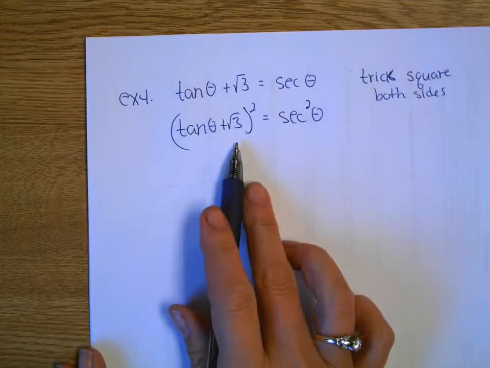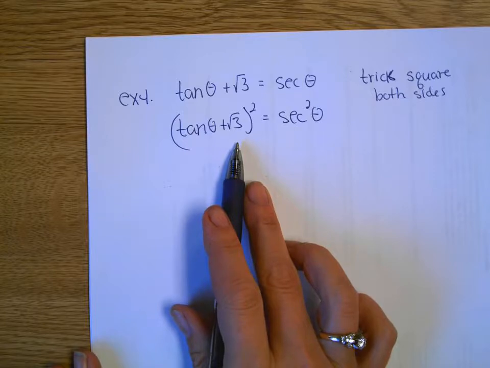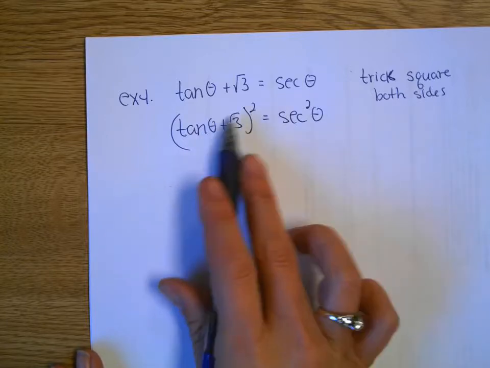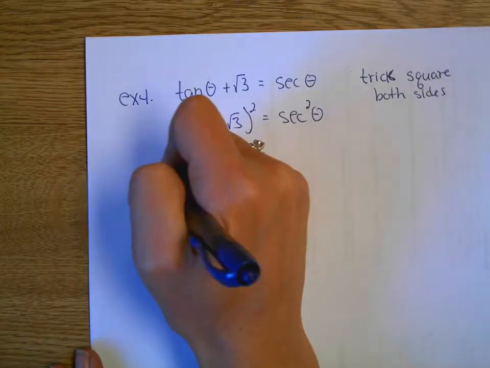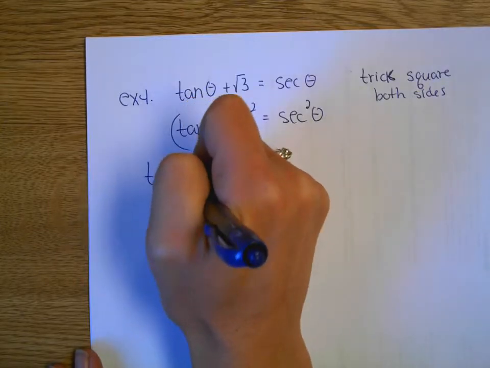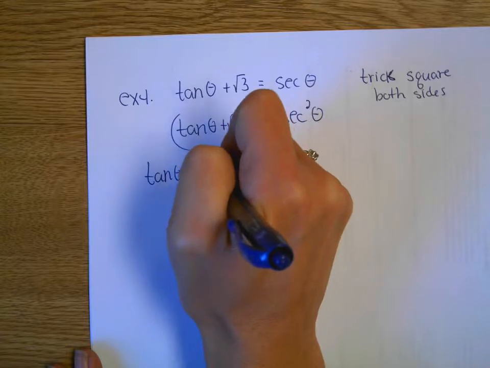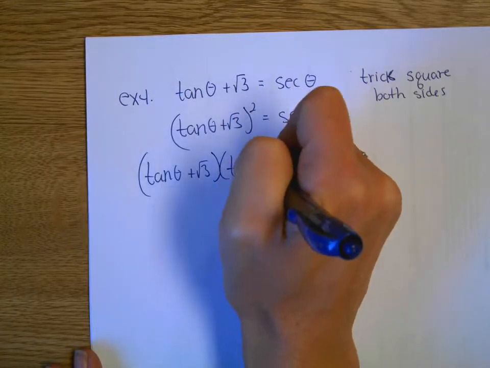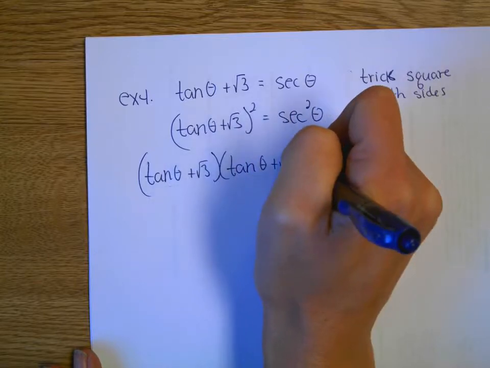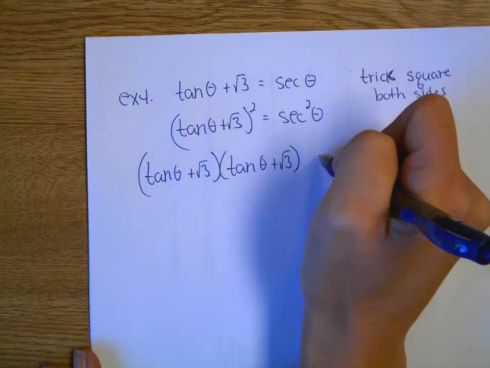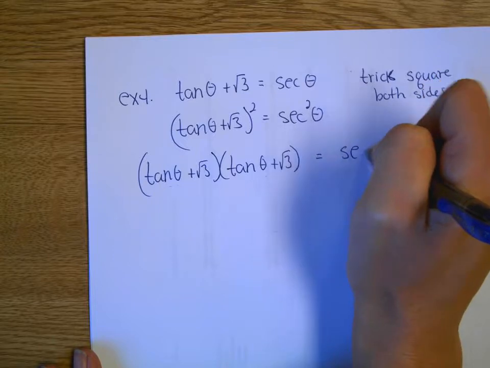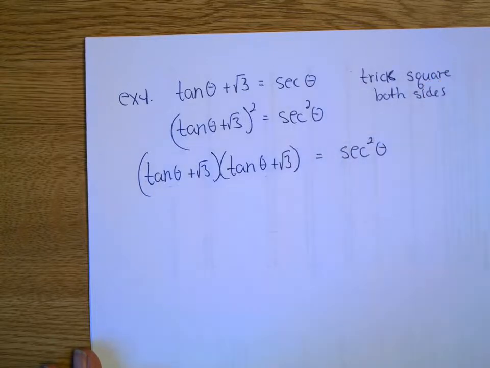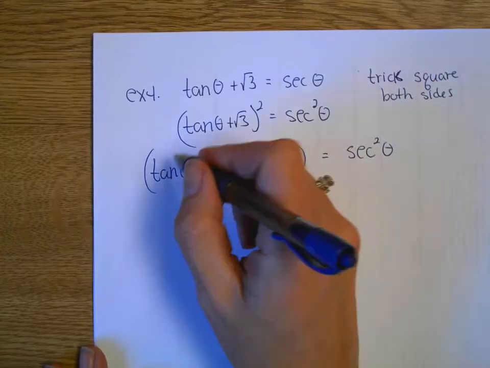How do I square the left-hand side correctly? You FOIL. You don't just get to distribute that squared in. So it's the tangent of theta plus square root of 3 multiplied by itself. And the right-hand side is just going to carry along as secant squared.